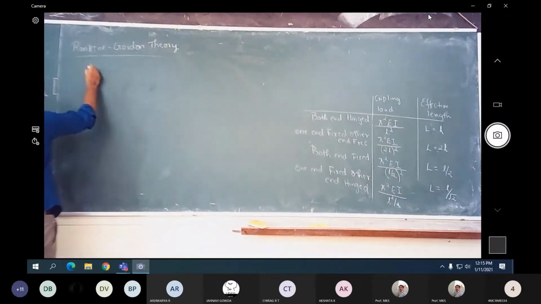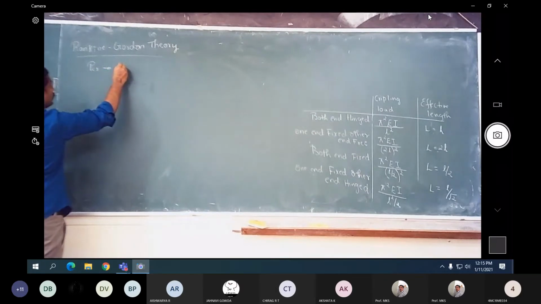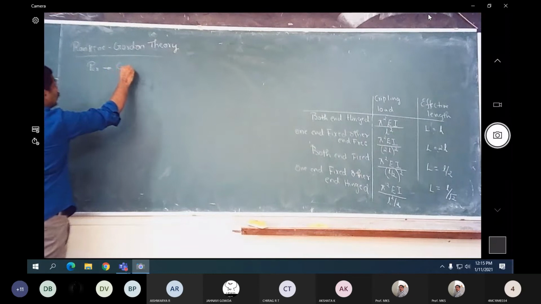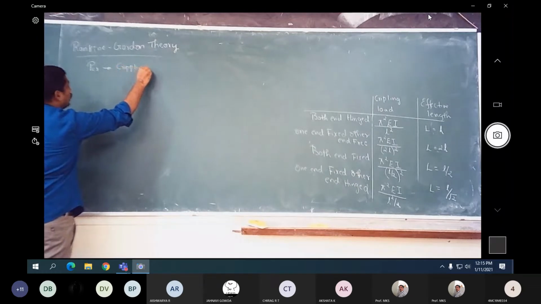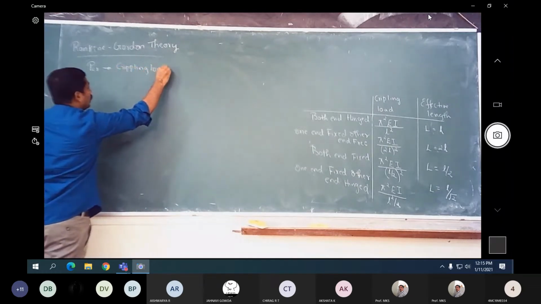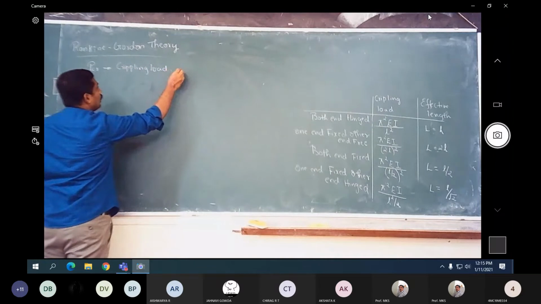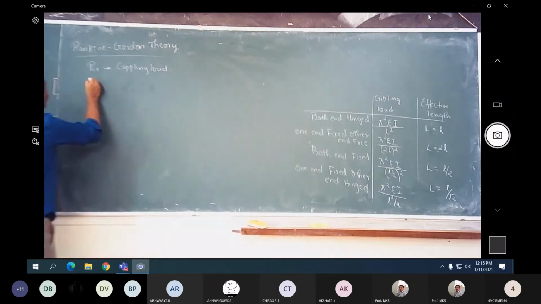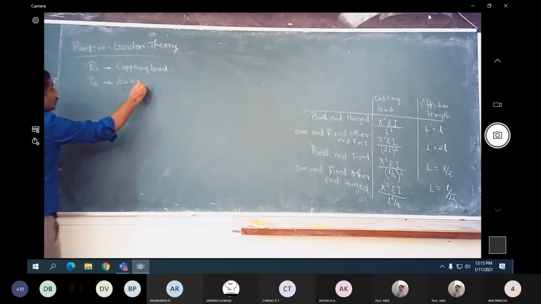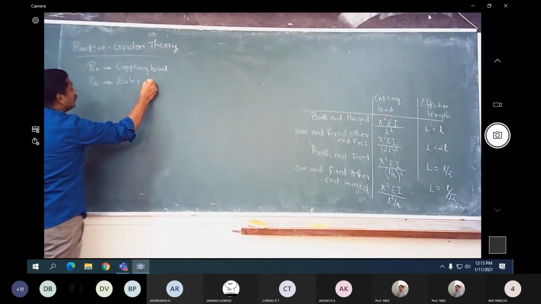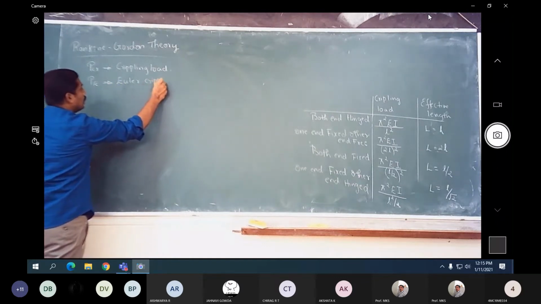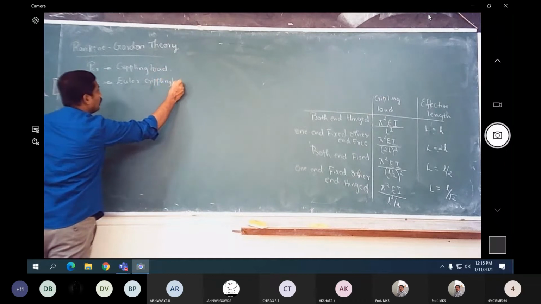So if you consider the notation, let PCR be the crippling load for the Rankine equation, and PE be the Euler crippling load.